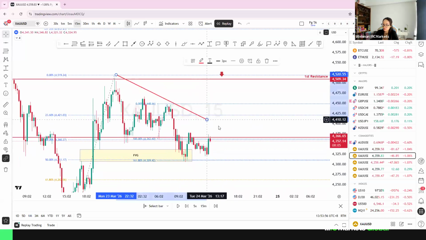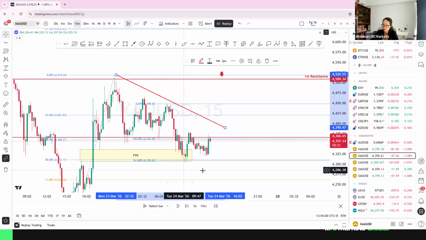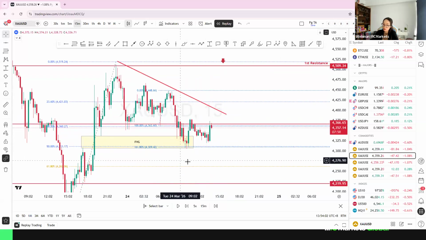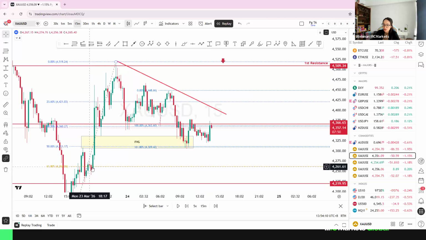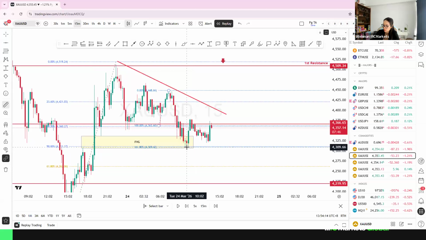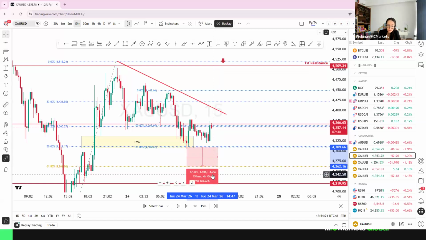Why? I buy here, but sometimes I might hit a stop loss, so I need to put a stop loss anyway. If the price falls away here and hits my stop loss, then I will look for another entry here and see whether price reacts from this level. If I don't put a stop loss from this entry, you see how many pips? 4,700 pips. No, right?